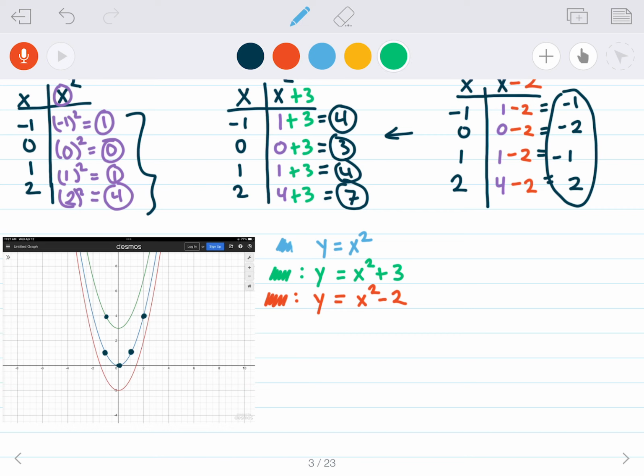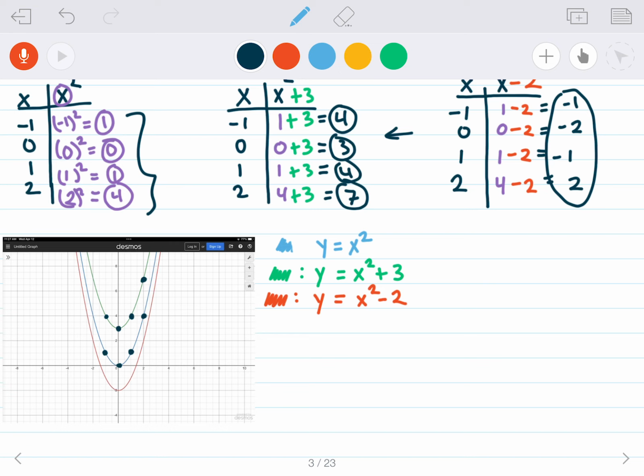So we literally moved up 3 units to get that new point, and same thing for the rest of these. We're literally just shifting this thing up 3 units. So there's our points, and then we have 2, 7, which is right here.